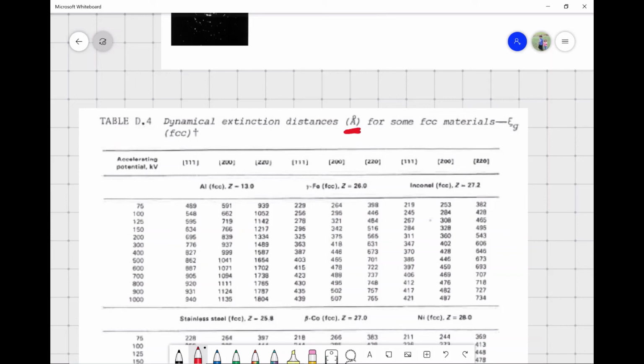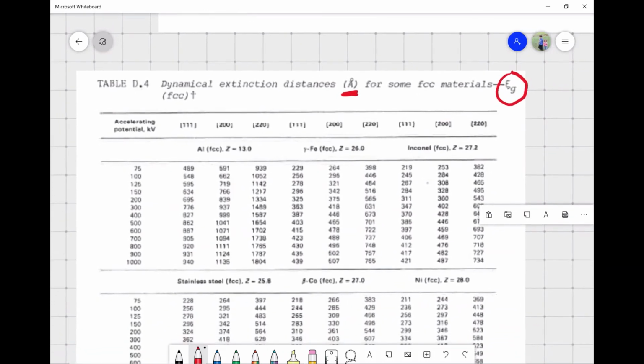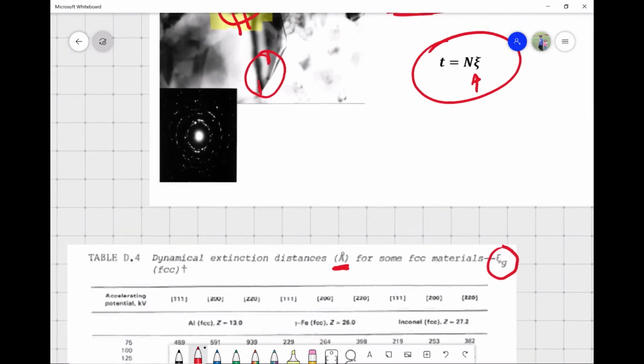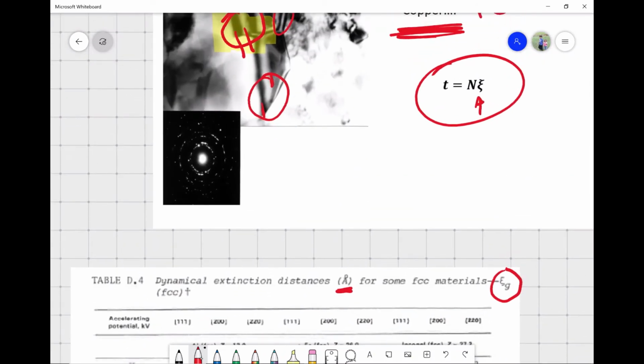This is for some FCC materials, and I have tables for other materials as well. It's this nice epsilon symbol, the extinction distance in angstroms. When we plug our information into this simple equation, we're going to end up with angstroms as our units.